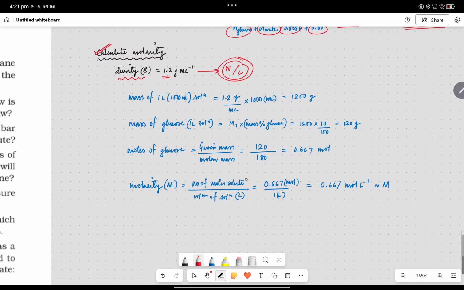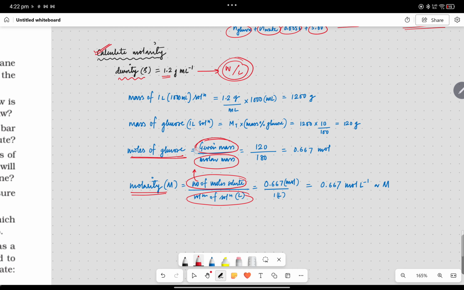Once you know the weight, you can calculate that. So again, first principle: we need molarity. For molarity we need number of moles of solute and volume of solution in liter. Number of moles of solute, how are we going to get that? For that you need the mass of that solute, and you have to divide that by molar mass, so that you can get the number of moles of solute, that is glucose here, right?